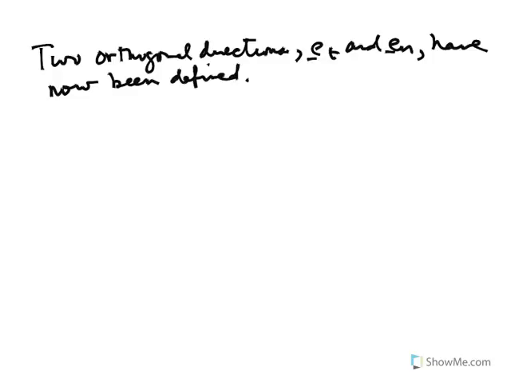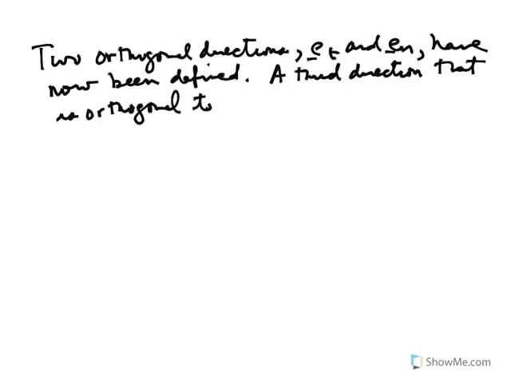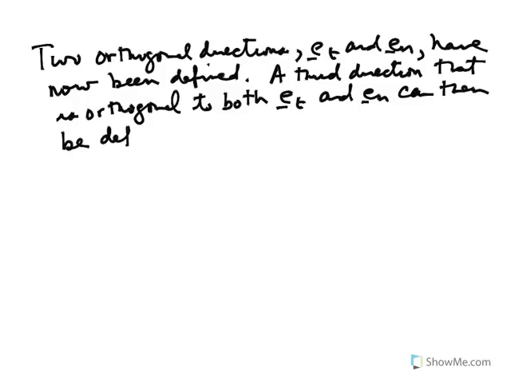So from this, we can define a third direction that is orthogonal to both ET and EN. I'm going to call it E sub B, which is equal to ET crossed with EN.